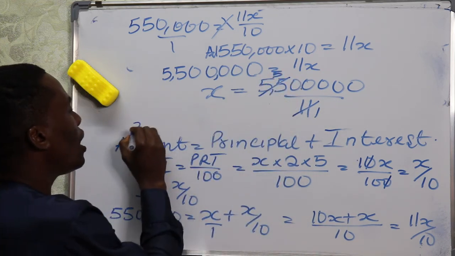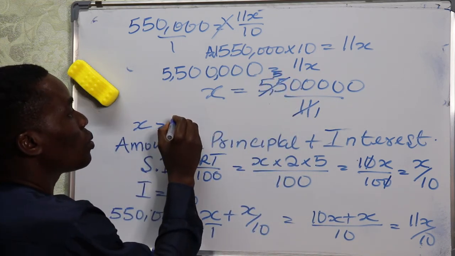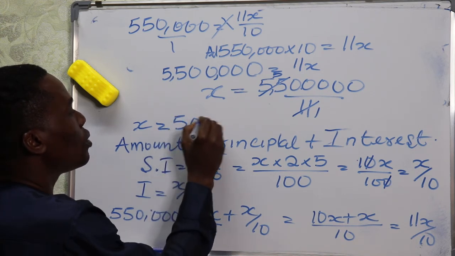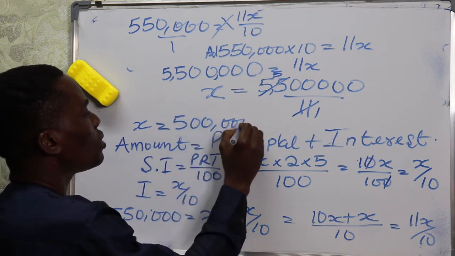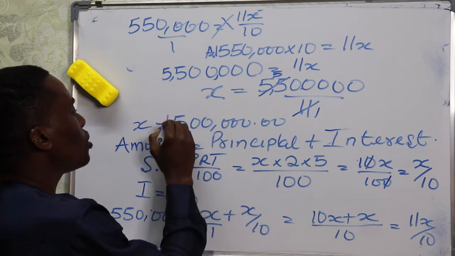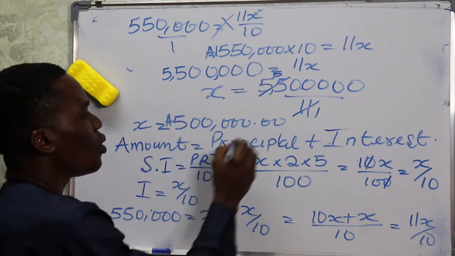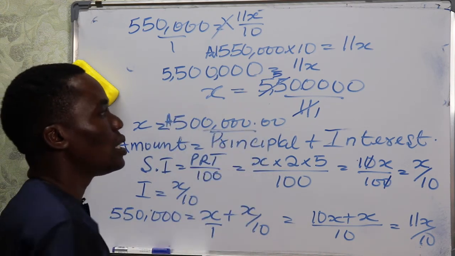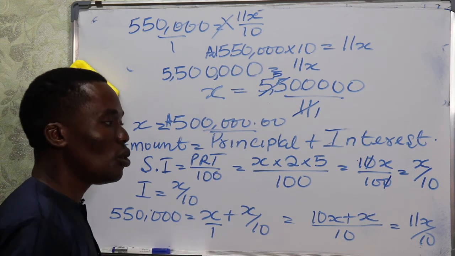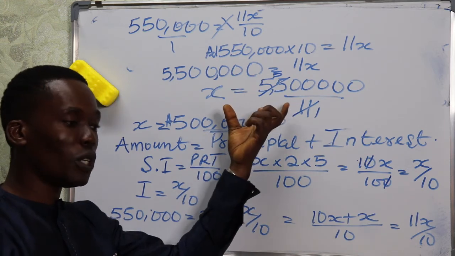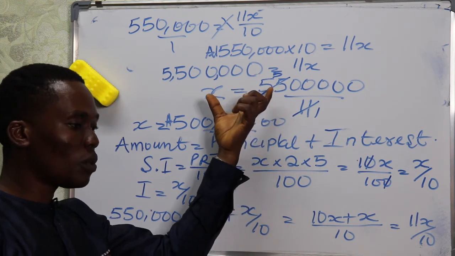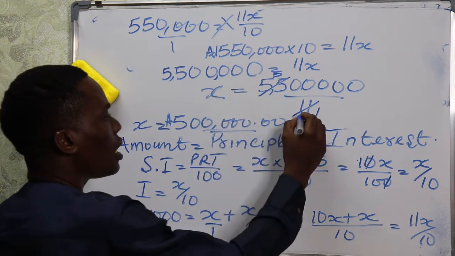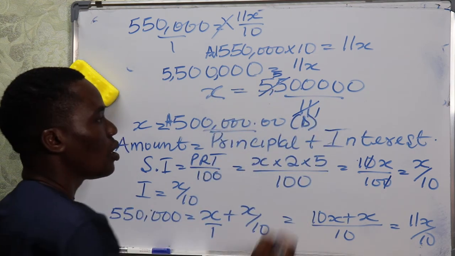So our X will be equal to 500,000. So that will give us 500,000 naira. That is the solution. So if you have seen that question, the correct answer is option D.